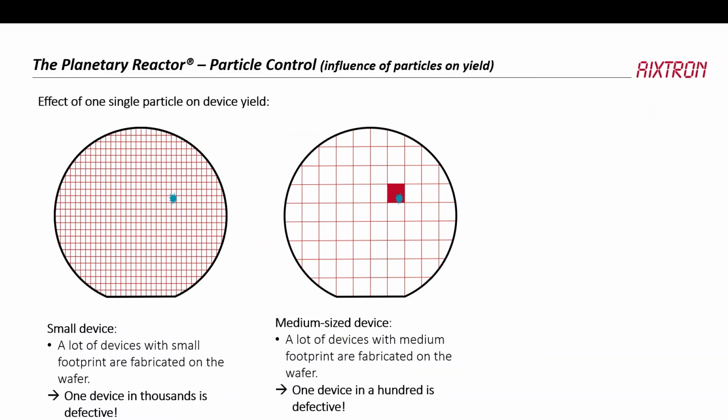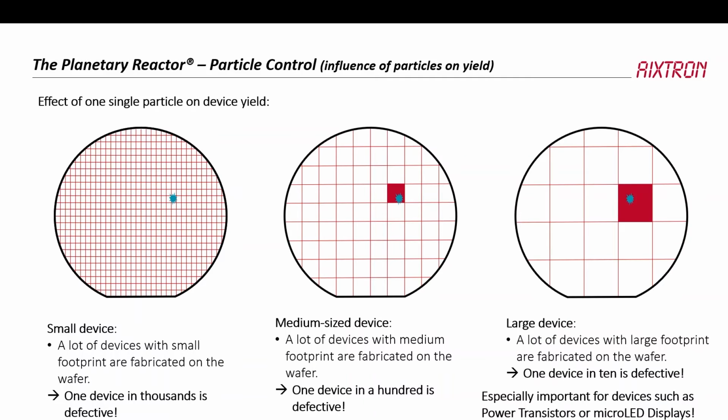If we make larger devices, 1 in 100 may be defective, and if we make really large devices, this is especially important for micro LED displays, by the way, because these are, even though they're called micro LEDs, they're extremely huge devices, because you actually have to transfer a whole field from one wafer to the host substrate in the end. So millions of micro LEDs at the same time. And just one of them is broken, then your display is broken. So particles are very important.